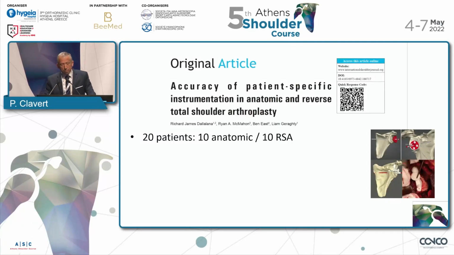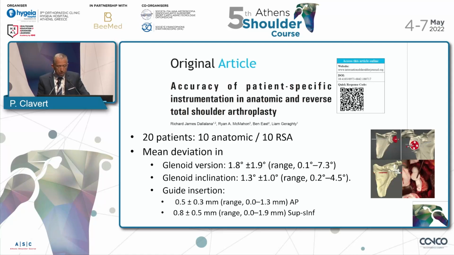The second one is a clinical one. Only 20 patients, 10 anatomic total shoulders and 10 reversed shoulders. The mean deviation in glenoid version, once again between what was planned and the results, was less than 2 degrees, and the glenoid inclination was 1.3 degrees. The guide insertion was quite in the same position that was preoperatively planned.